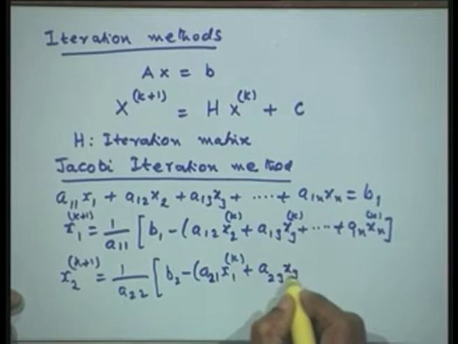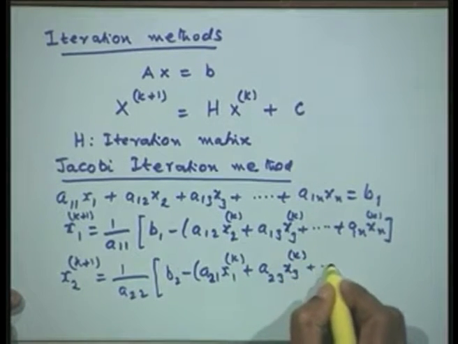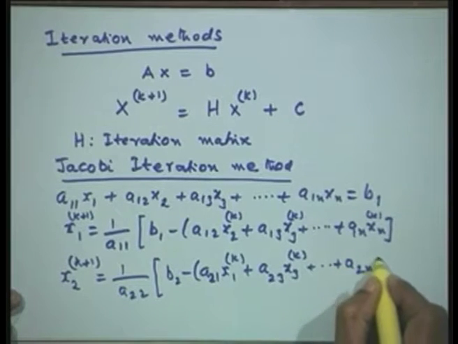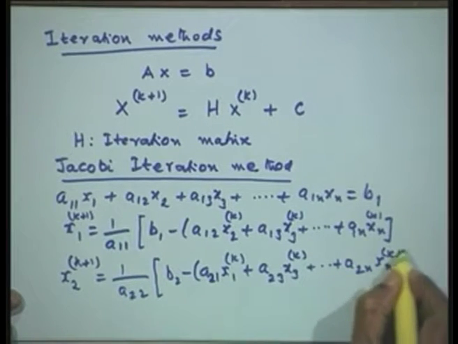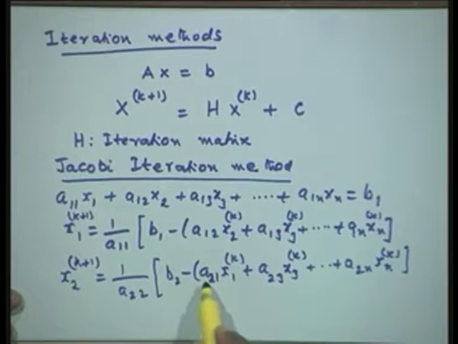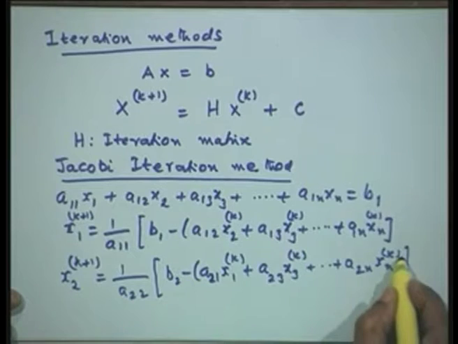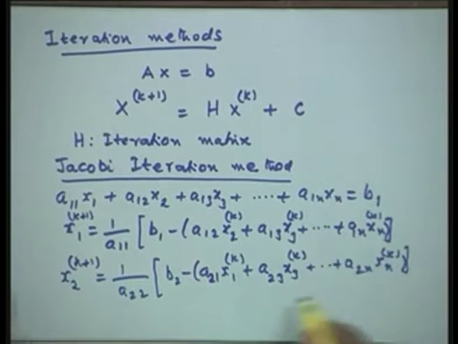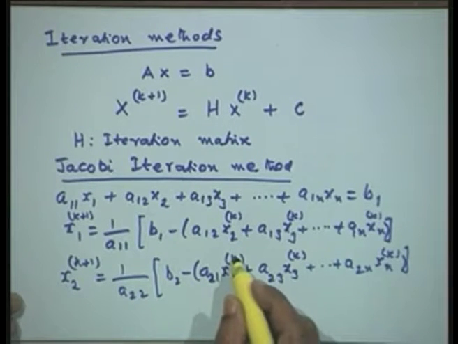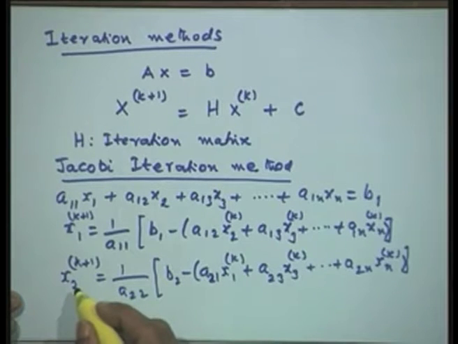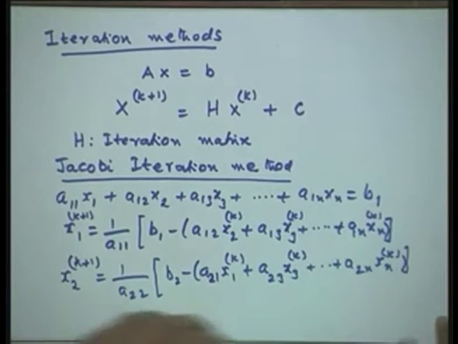So, we are taking a21 x1, a23 x3, ..., a2n xn to the right hand side, and all of them are evaluated at the previous iterate k, and we obtain the present iterate x2 at k+1 from here.